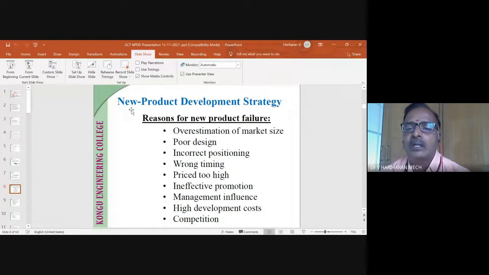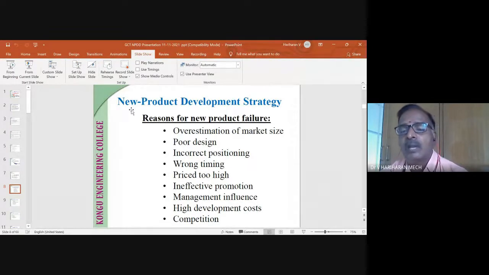Then incorrect positioning. Incorrect positioning means that when the product is launched in the market, the positioning of your component in the market is very, very important: when you have to launch, where you have to launch. This is the position. So incorrect positioning can also cause failure.